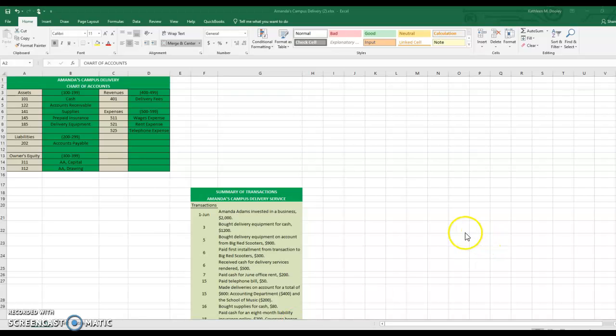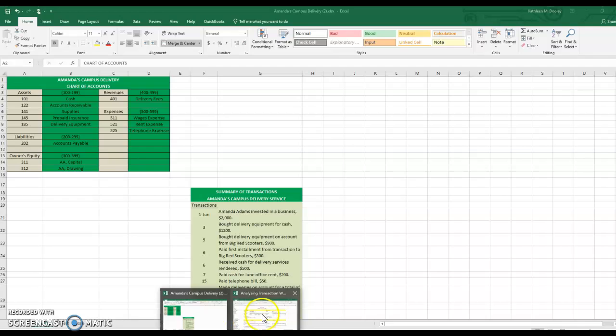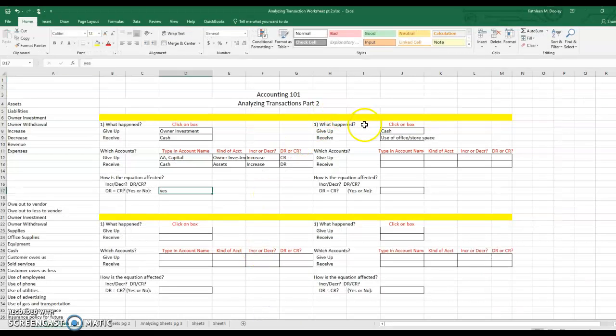Okay. All right, so let's take a look at the second transaction. We bought delivery equipment for cash. Okay, so here we have what did we give up? We gave up cash.